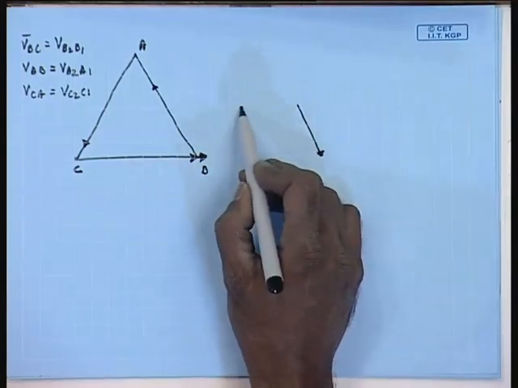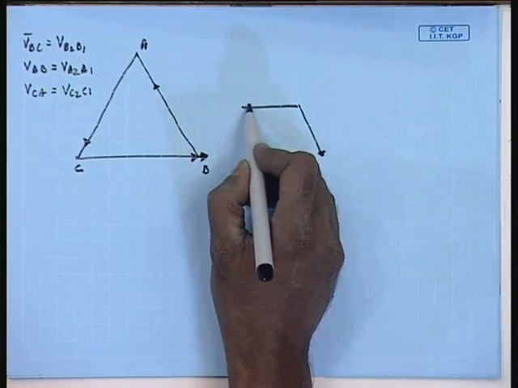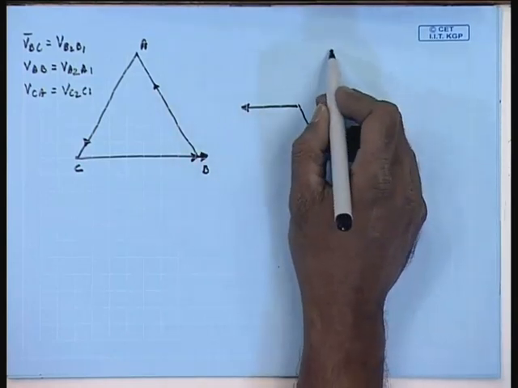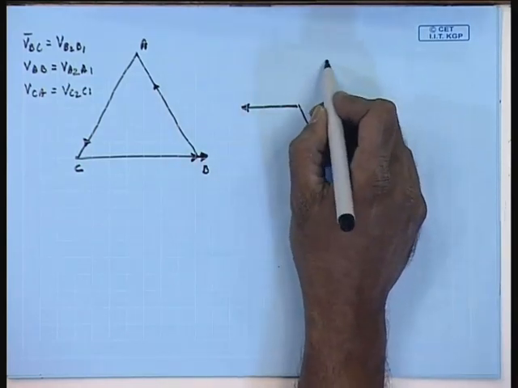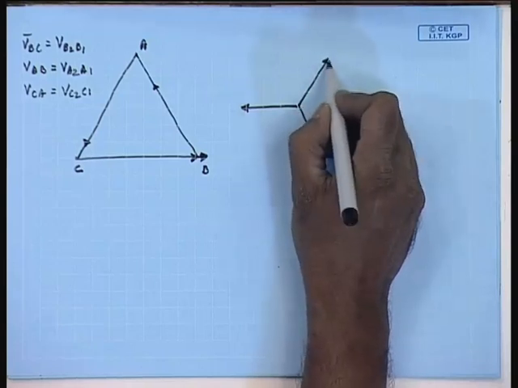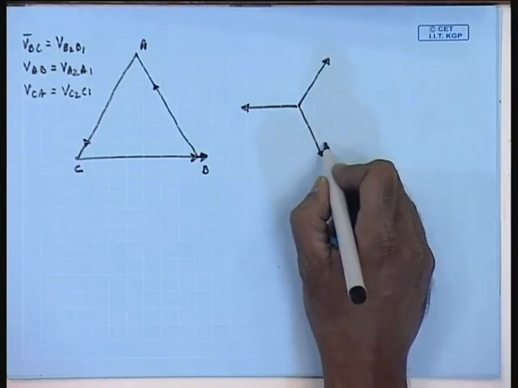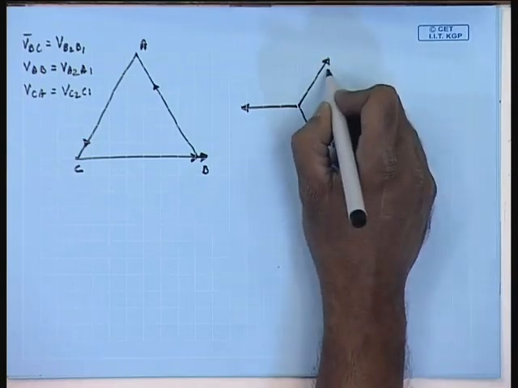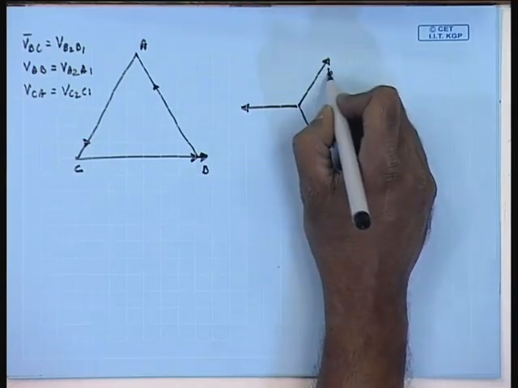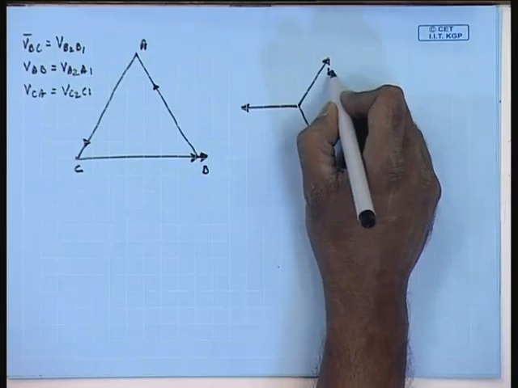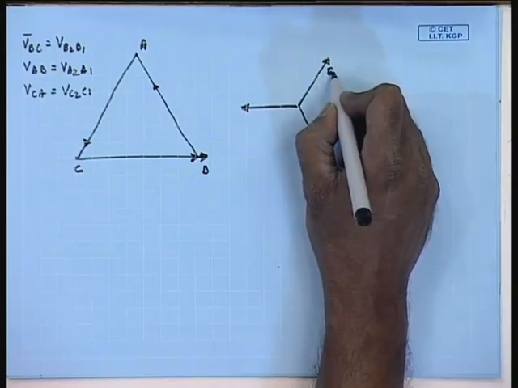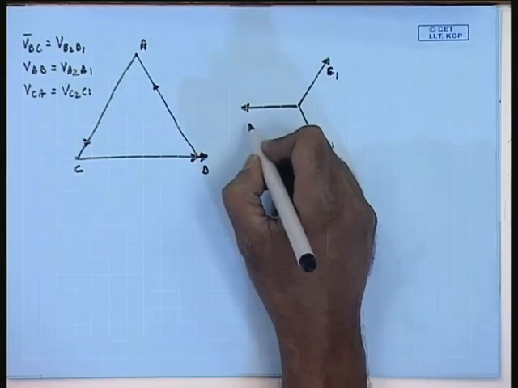So, this will be the phasor B1 B2 and this will be the phasor C1 C2. So, this is terminal A1, this is, sorry, this is C1 and this is B1.